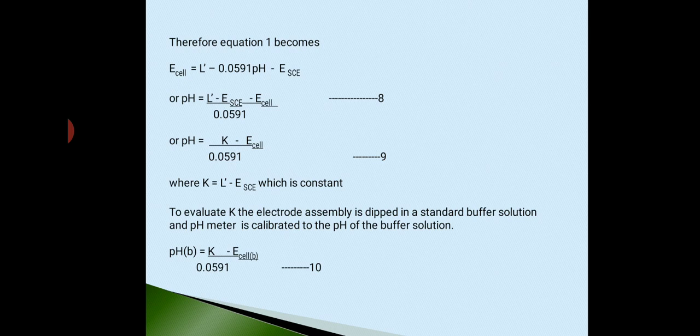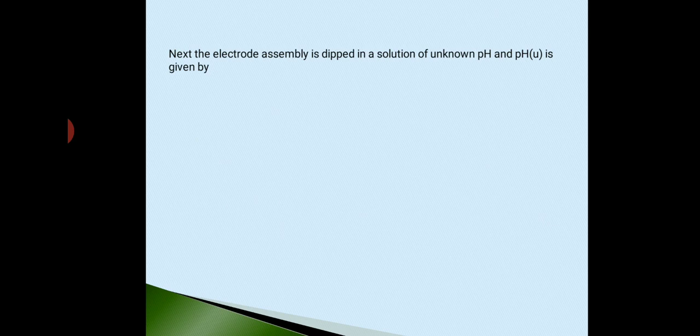I have to write it like this: pH B, that is pH of buffer, is equal to K minus E cell of B upon 0.0591. As simple as that. Next I have to dip the electrode assembly in the solution of unknown pH, and pHu is given by the same equation: pHu is equal to K minus E cell U upon 0.0591.